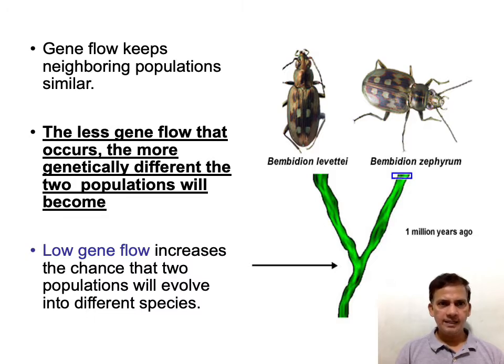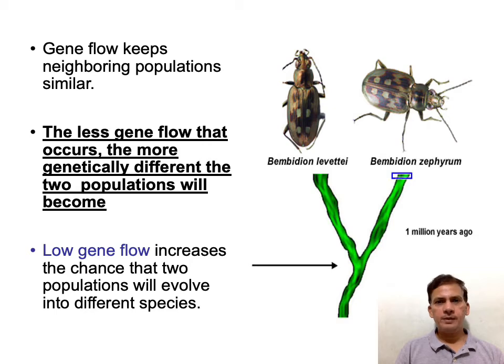So the less gene flow that occurs, the more genetically different the two populations will be. If populations A and B are completely isolated, then their genetic makeup will be different. If gene flow occurs, then it is possible that their genetic makeup may be quite close. So low gene flow increases the chance that the two populations will evolve into two different species.